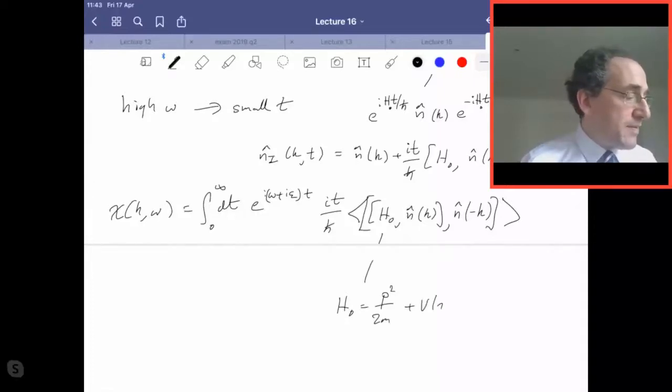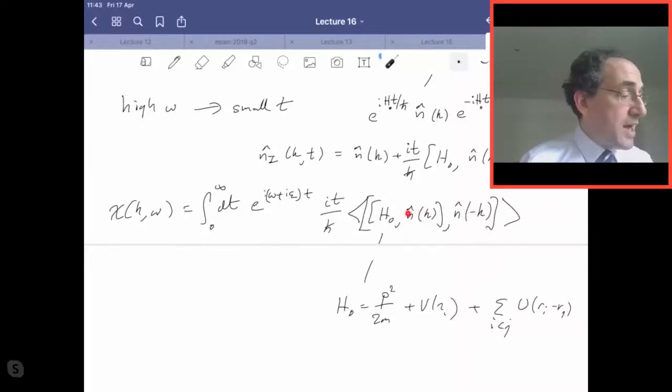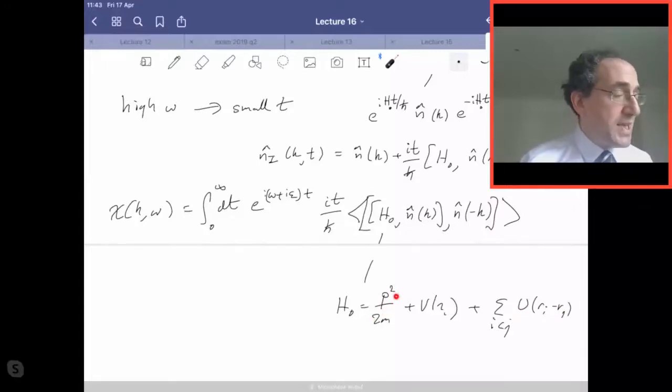There might be a V of r, and there might be a sum over i less than j of U of ri minus rj. And the point here is that these operators, n hat, have position operators r hidden in them. And so they commute with the V and the U and any interaction terms, any interaction with the potential, any interaction with other particles. The only part that doesn't commute is the kinetic energy term.